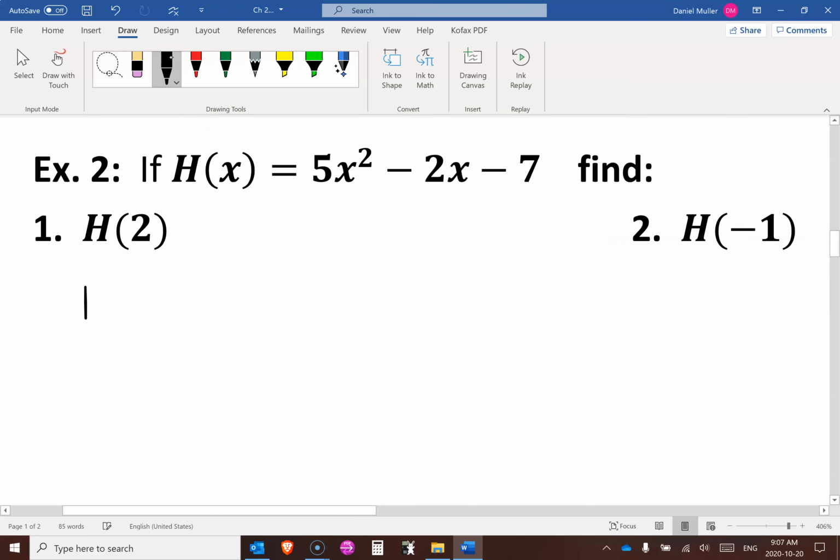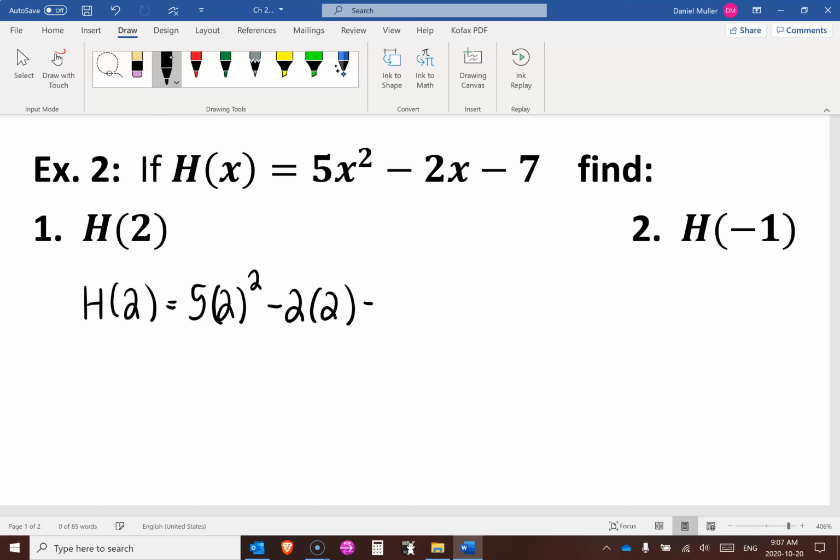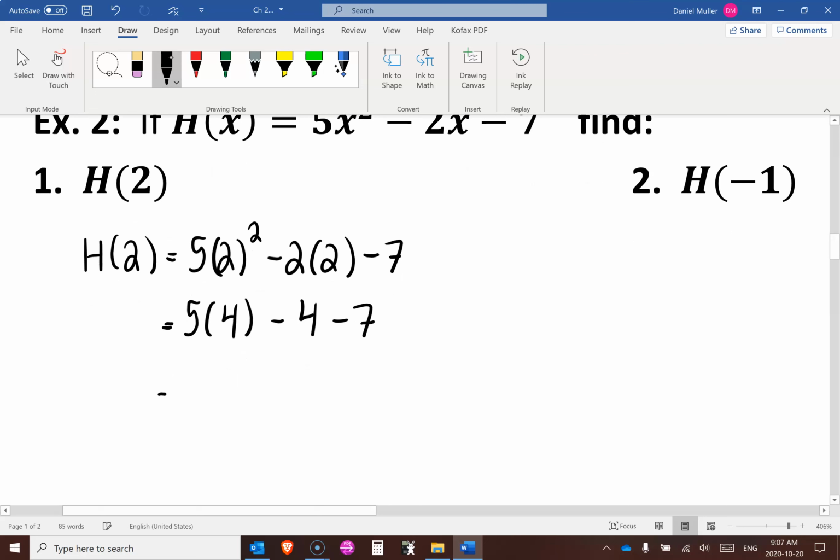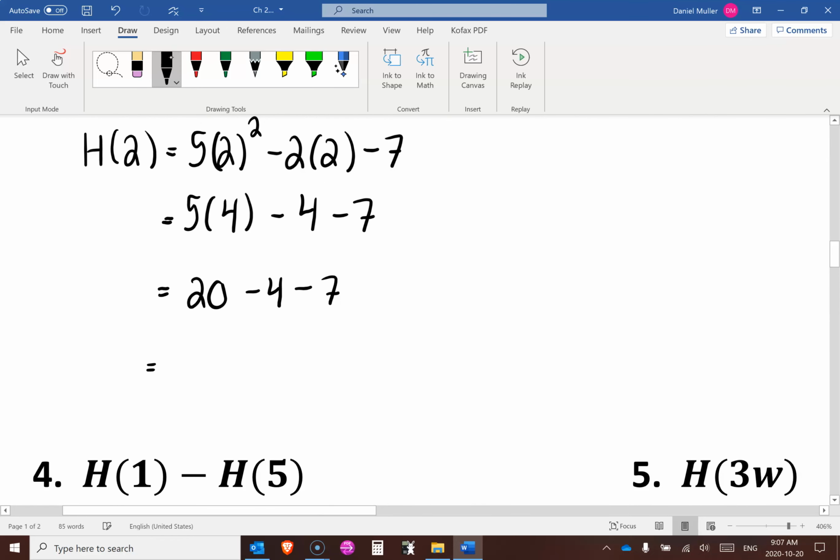So h of 2 is equal to 5 times 2 squared minus 2 times 2 minus 7. Now 2 squared is 4, so 5 times 4, minus 2 times 2 is 4, minus 7. 5 times 4 is 20, minus the 4, minus the 7, and then 20 minus 4 is 16. 16 minus 7 is 9.